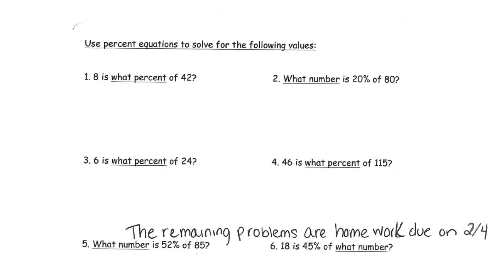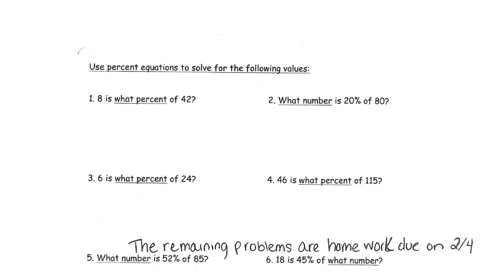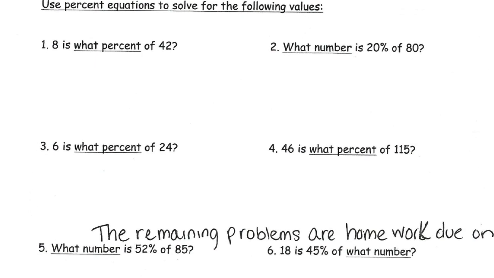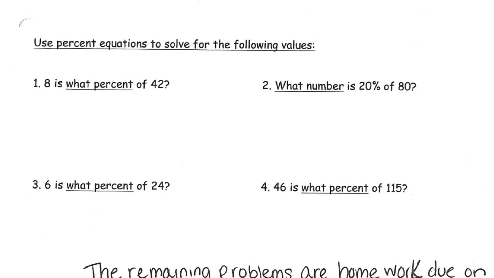I want you to try 1, 2, 3, and 4. You could use either way. You could use percent equations, that thing in the middle table, or you could use a proportion. I would probably do a proportion. And remember, the proportion is is over of equals percent over 100.